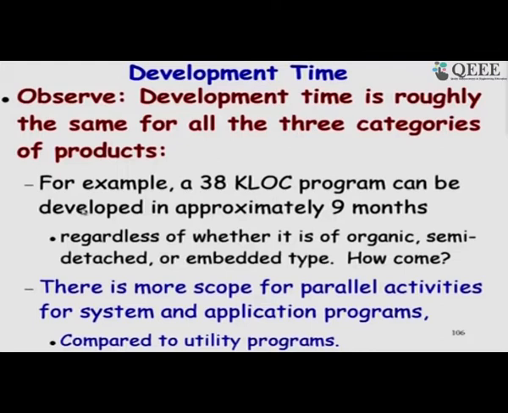But COCOMO 2 did consider that, but not really which model you use, and as I said, initially start with lines of code, and as the development starts, use function point during the requirement specification stage, and as the development proceeds later use lines of code as more accurate estimation of lines of code becomes available.